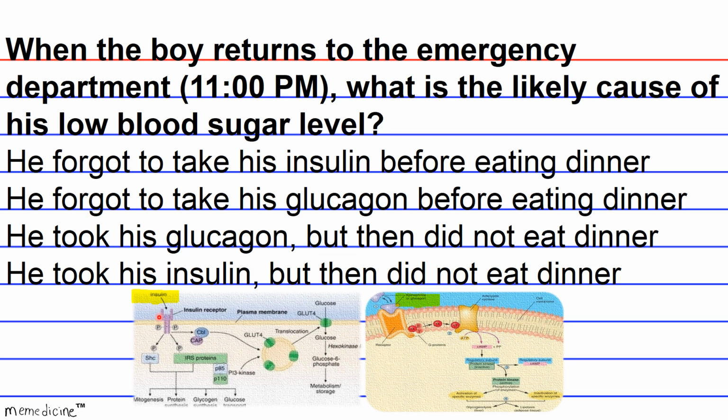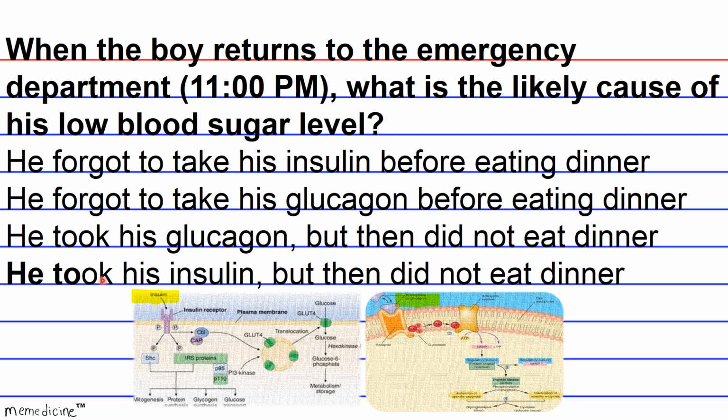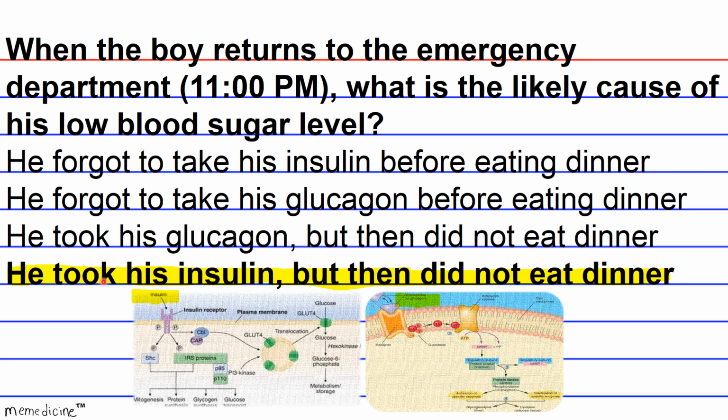So on the one hand, we have insulin lowering blood sugar level, and on the other hand, we have glucagon raising it, okay? So taking insulin without eating is basically going to result in a low blood sugar level. It's most likely that the boy took his insulin, but then he didn't eat dinner. All right? Okay.